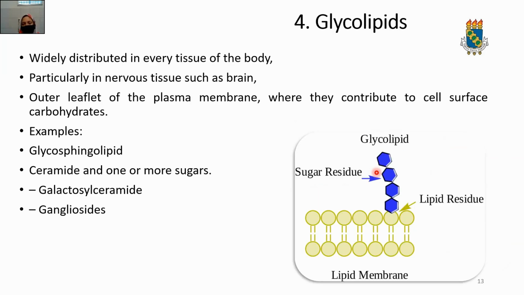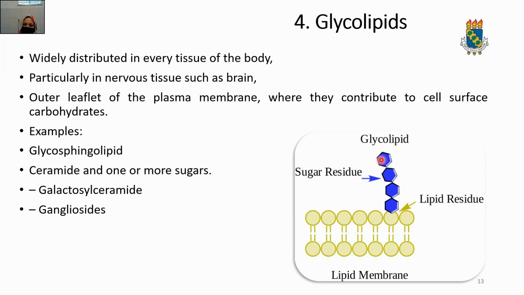The fourth category of the compound lipids is called the glycolipids, and these are widely distributed in every tissue of the body, particularly in the nerve tissues such as the brain, and in the outer leaflet of the plasma membrane, where they contribute to the cell surface carbohydrate. Here you can see the lipid membrane, lipid residues, to which the sugar residues are attached.